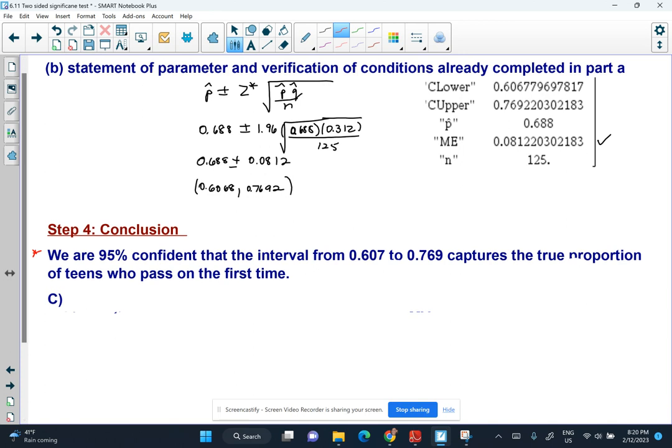A lot of times students are rewording it where it's not really the concept of the confidence interval. You're constructing this confidence interval, and 95% that confidence interval captures it, not the other way around.